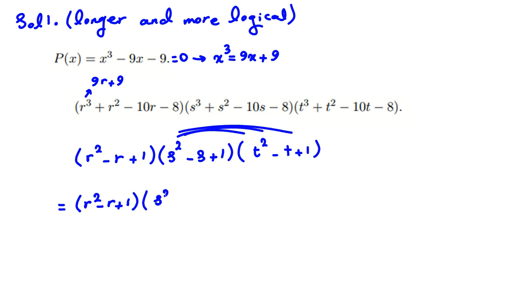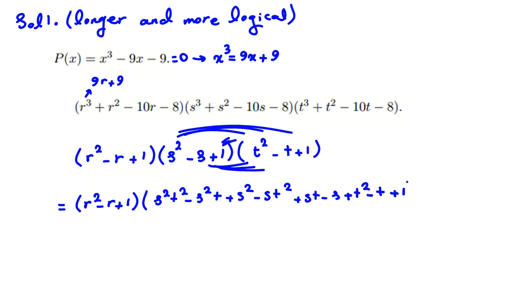It will be s squared t squared minus s squared t plus s squared, then minus st squared plus st minus s, then you multiply 1, it will be plus t squared minus t plus 1.